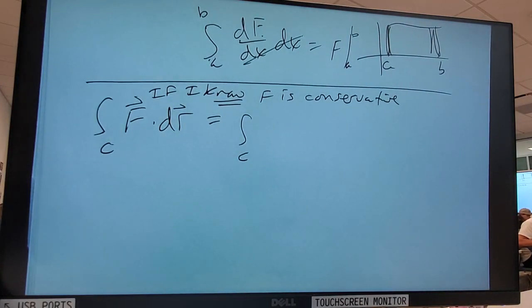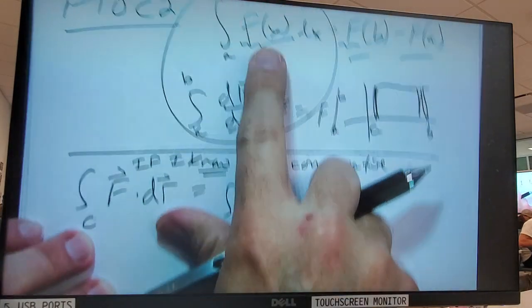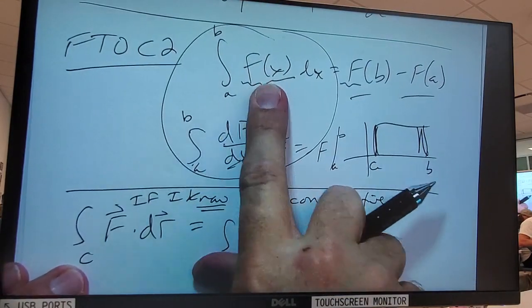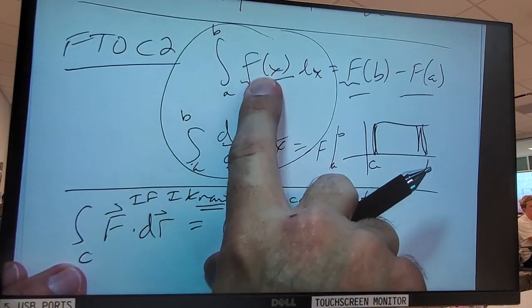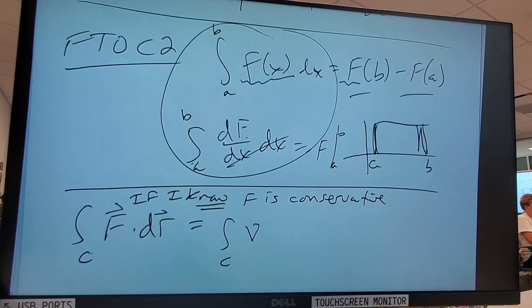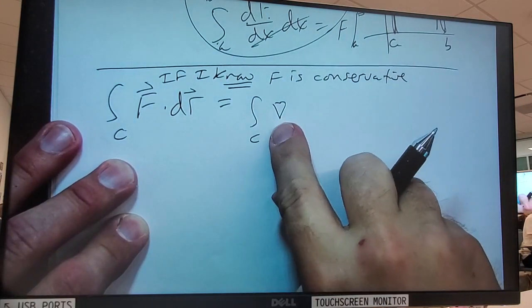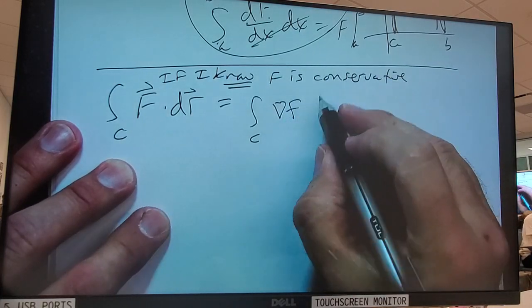What must it come from? The gradient of little f. That is like what I did here, yes? I rewrote this as the derivative, which is a one-dimensional form of the gradient of another function, right? So I have the integral of a derivative of a little function.